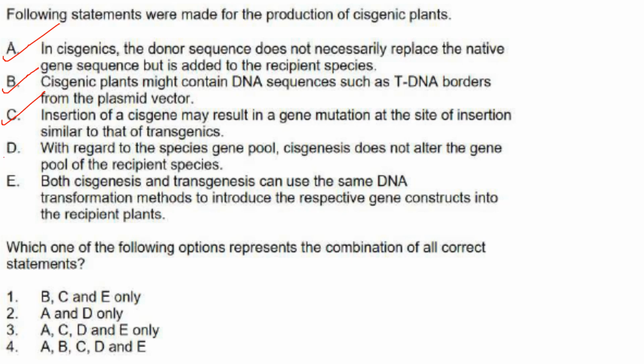So D is also correct. Both cisgenic and transgenic can use the same DNA transformation methods to introduce the respective gene construct into the recipient plant. That is also correct. It can be either through Agrobacterium-mediated transformation, biolistics, etc. So here all A, B, C, D, E are correct.